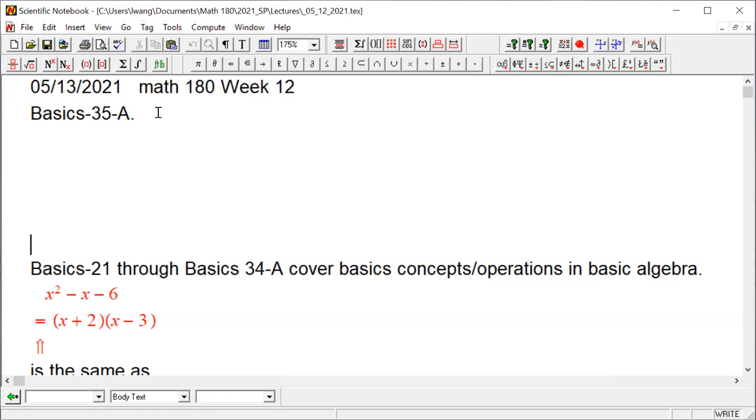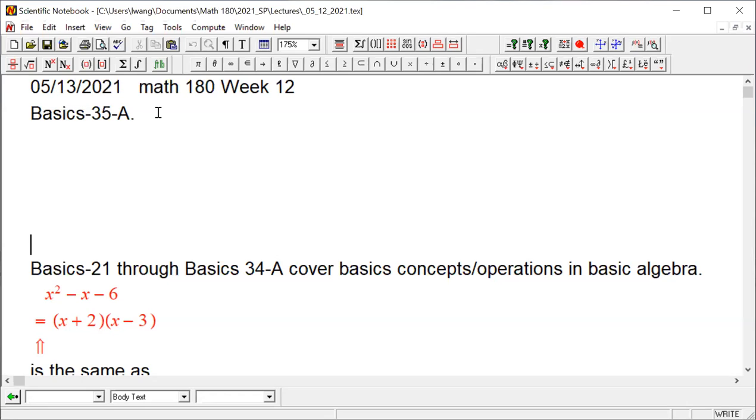We're only doing the algebraic part, which is to rationalize the numerator. Before 35A, there's a 34A, and that's rationalizing the denominator. So I skip that part. I'm going to rationalize the numerator.